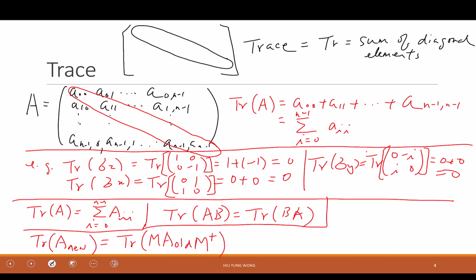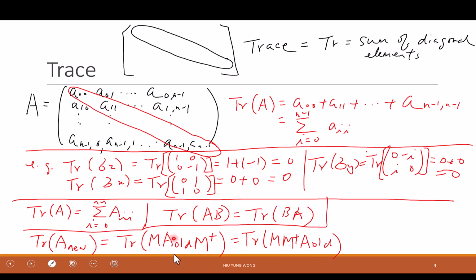Is that okay? But I just told you, inside the trace, they commute. Not because they commute, but the trace is the same when you swap them. So this is equal to the trace of M dagger A_O M. Because trace AB equals trace BA.